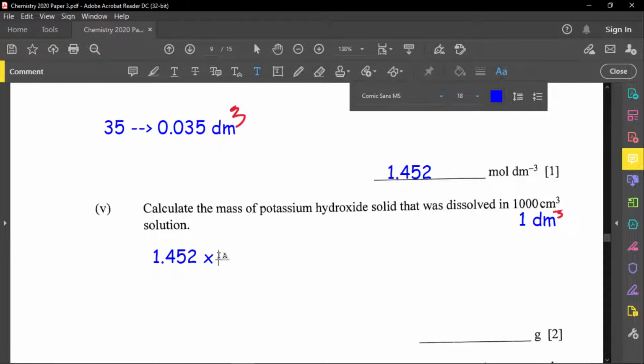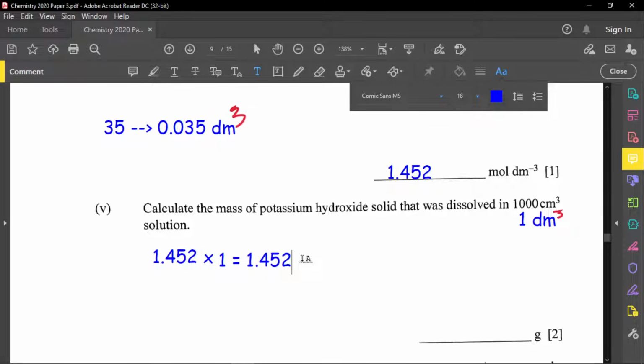When it's this multiplied by 1, we don't even need to do that because you know what the value is. It's going to be 1.452, and that is the mole. Now, since we have the mole, we need to multiply the mole by the relative molecular mass, or the molar mass, to get our mass. Because remember, mass of a substance is equal to the mole multiplied by the molar mass.